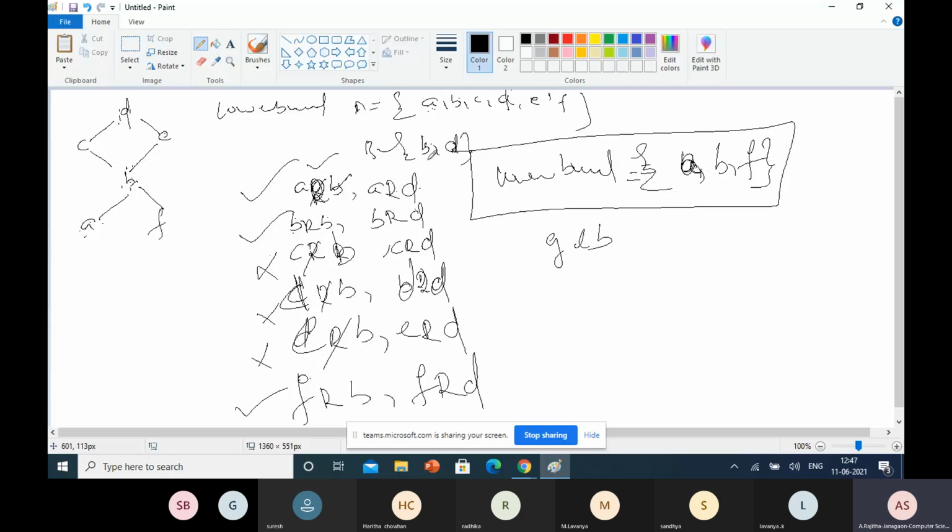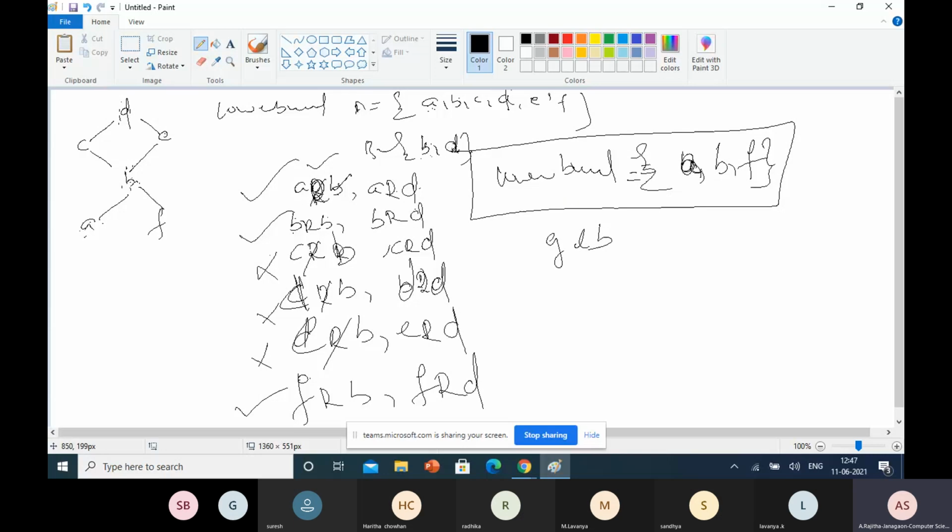Means here for B and D, which is closer from these three elements? For B and D, which is closer? For B and D, which one is closer?